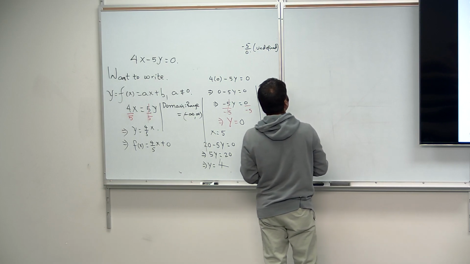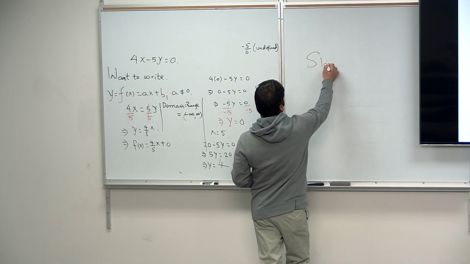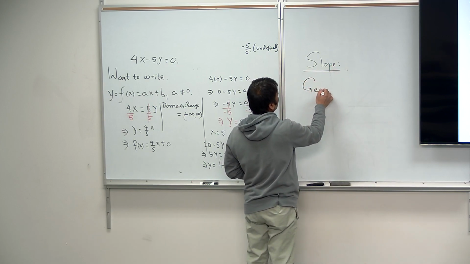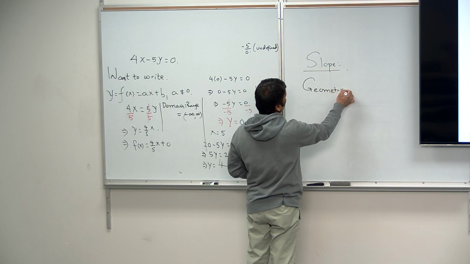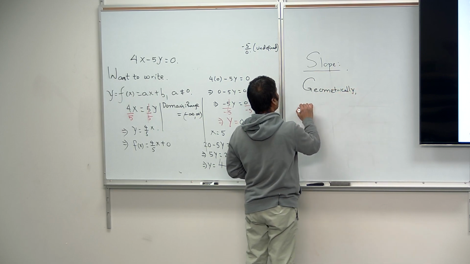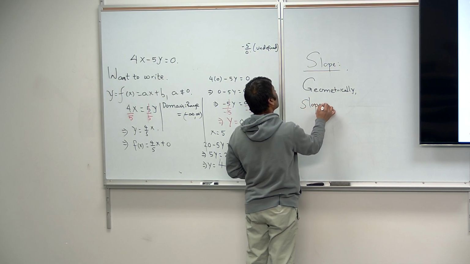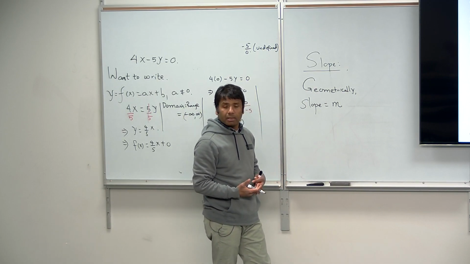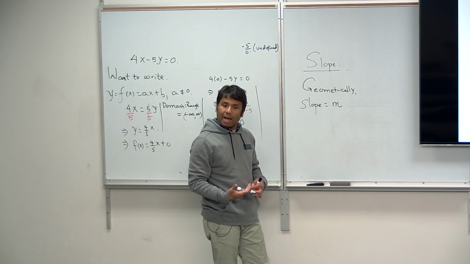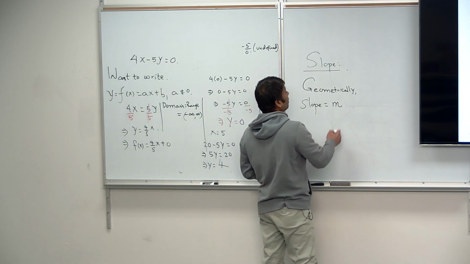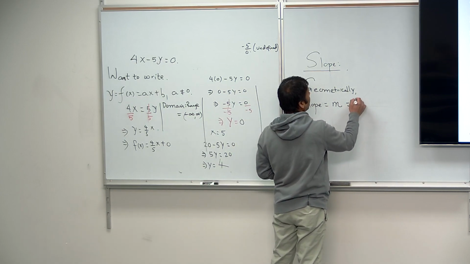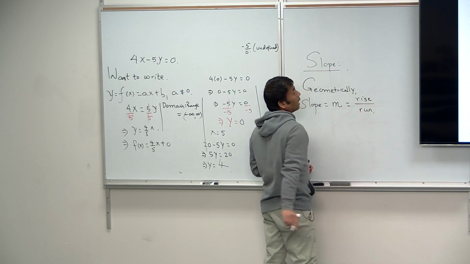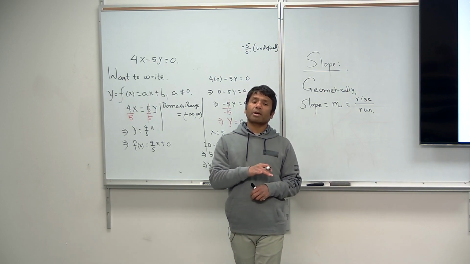So slope, if you want to define slope geometrically, it is denoted by the letter m, and it measures the steepness or the orientation of the line. But geometrically, it is defined as what? Rise over run. And the run is the horizontal distance.